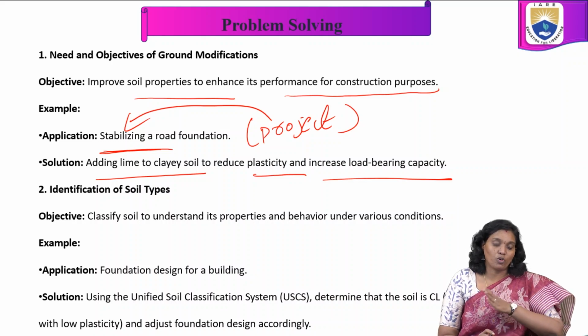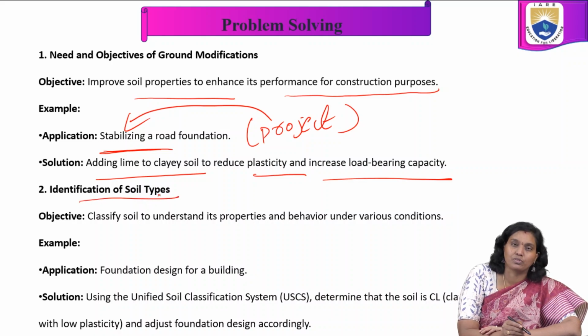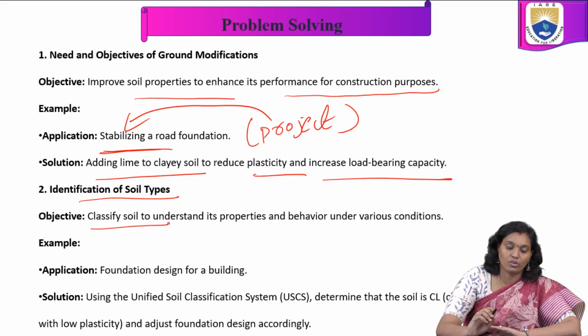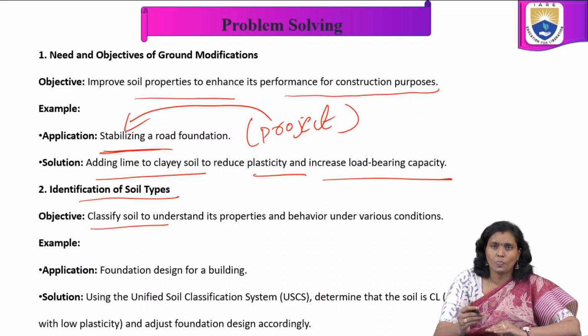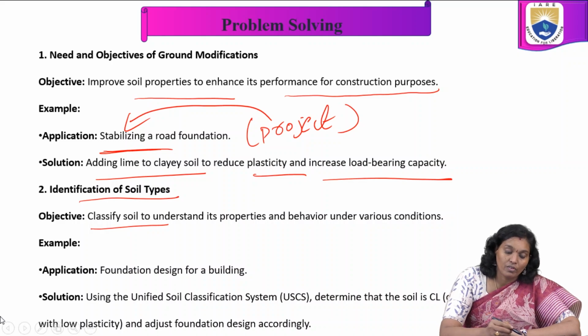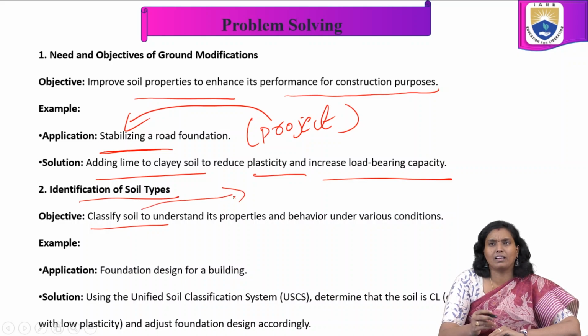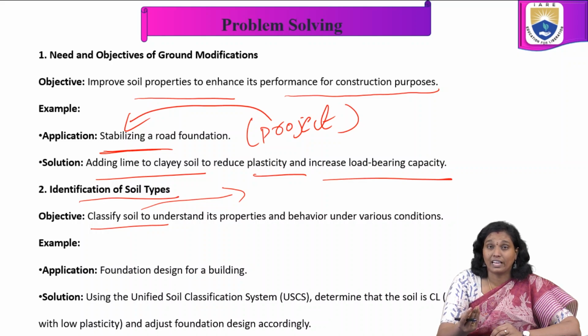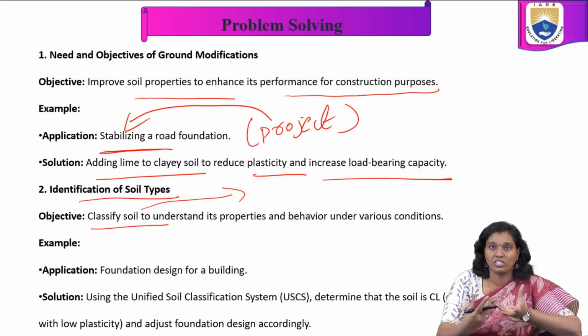One more thing is identification of soil types. We are going to categorize the soil to understand its properties and behavior under various conditions. Here we are going to classify the mechanical properties based on grain size distribution, consolidation, density, porosity and plasticity, and how much moisture content is there in that particular soil.